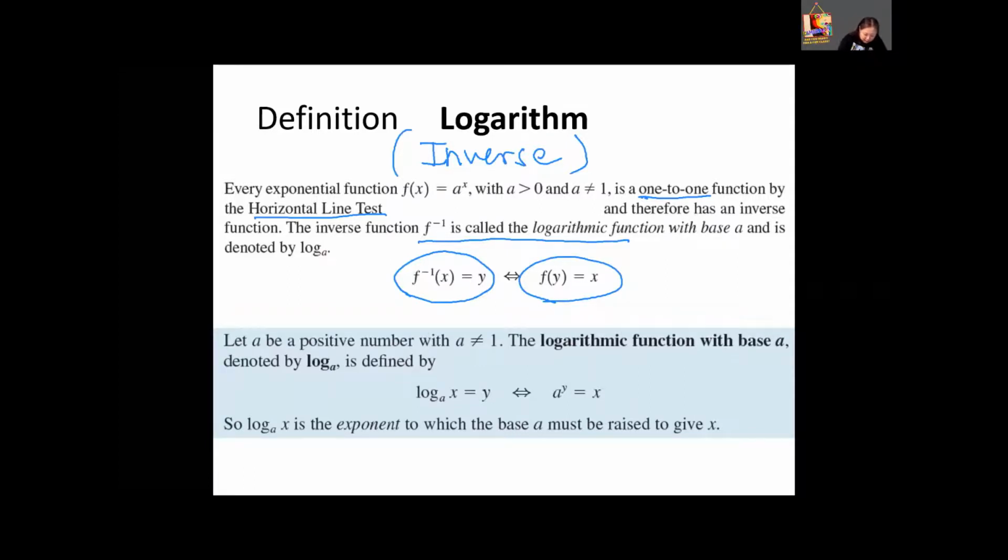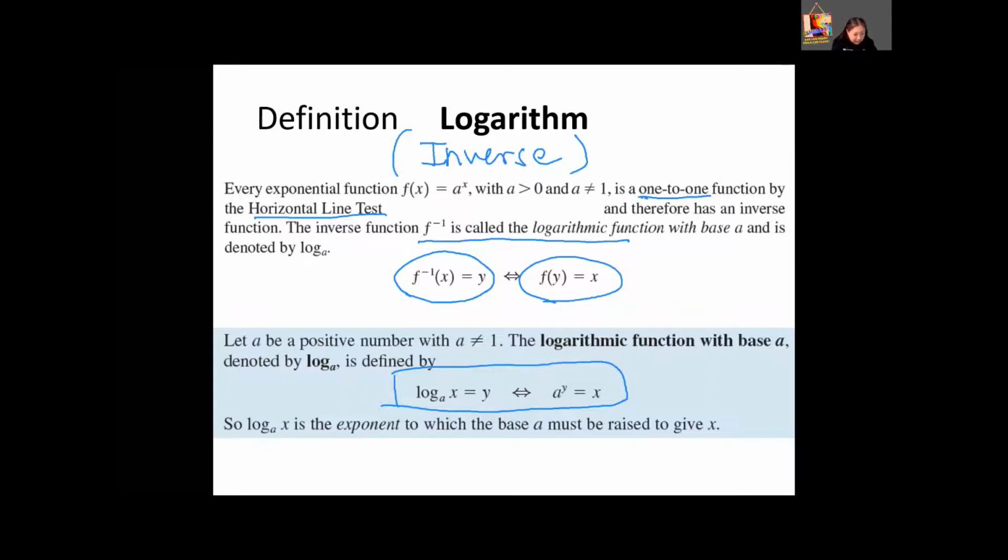Then equation-wise, just like we experienced on the very first slide, you can convert from one to another. This way you can have the original function and its inverse as exponential and logarithm separately.